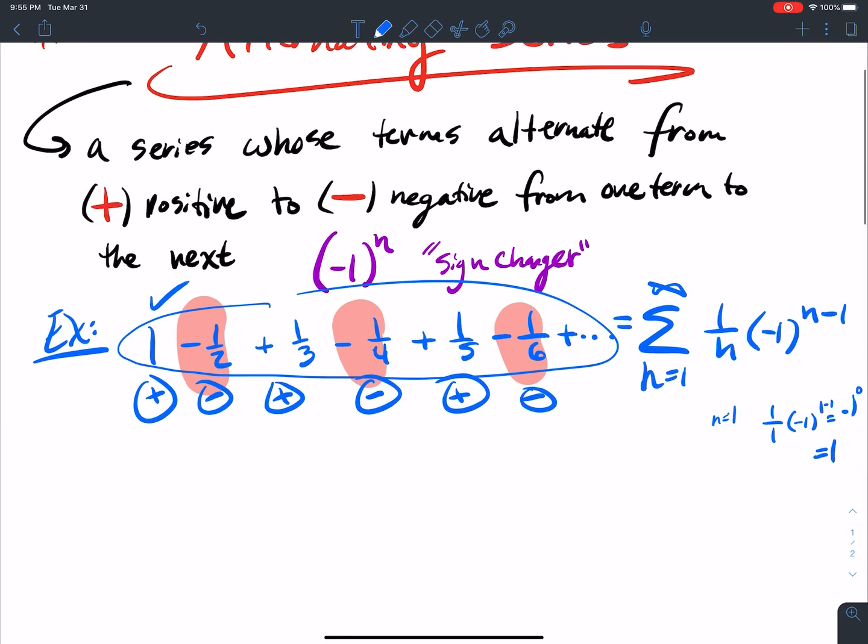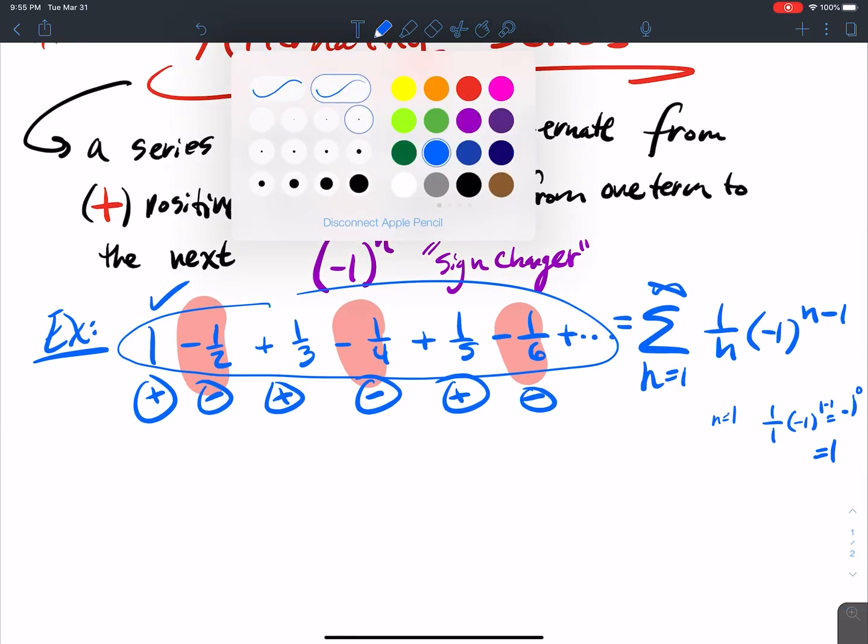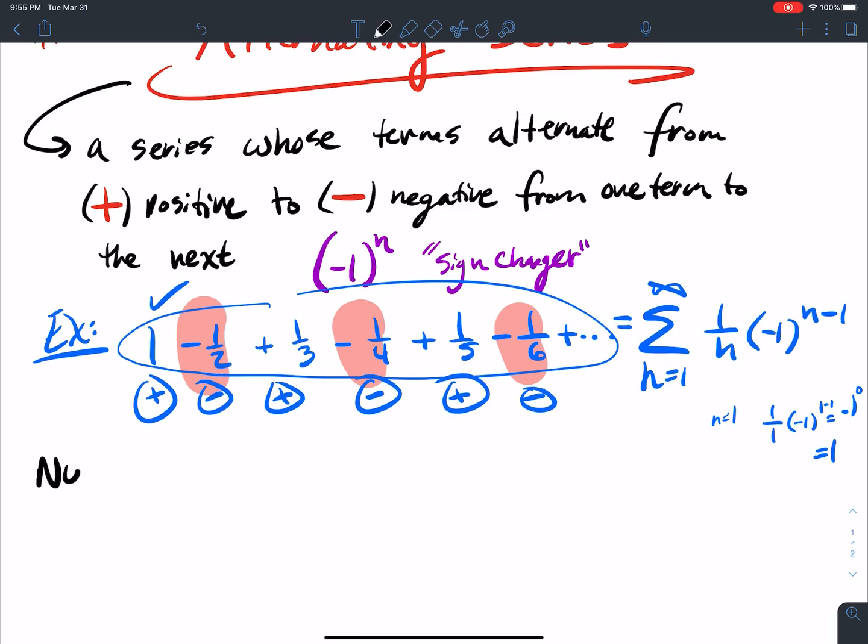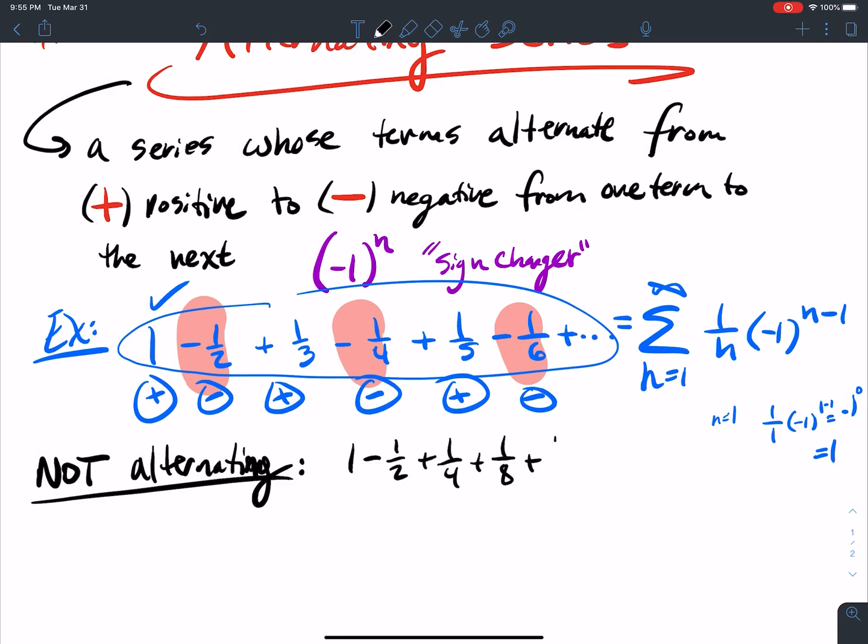Now let me give you an example of one that's not alternating. So don't get confused here. If I had 1 minus 1/2, plus 1/4, plus 1/8, plus 1/16, minus 1/32, and so on.